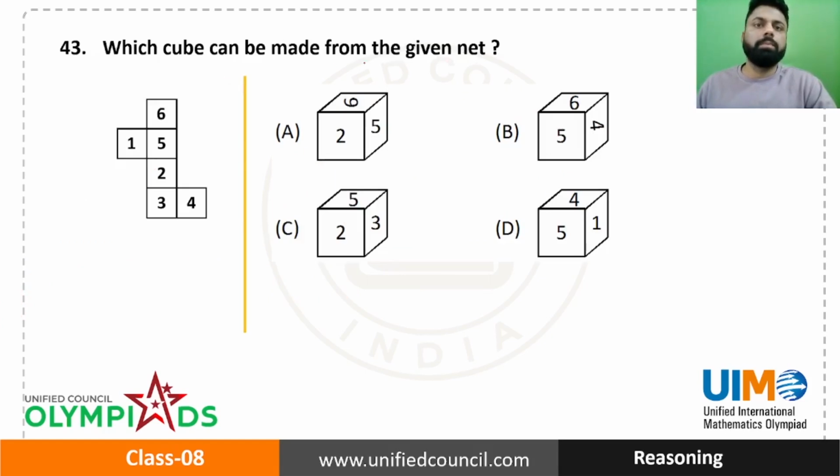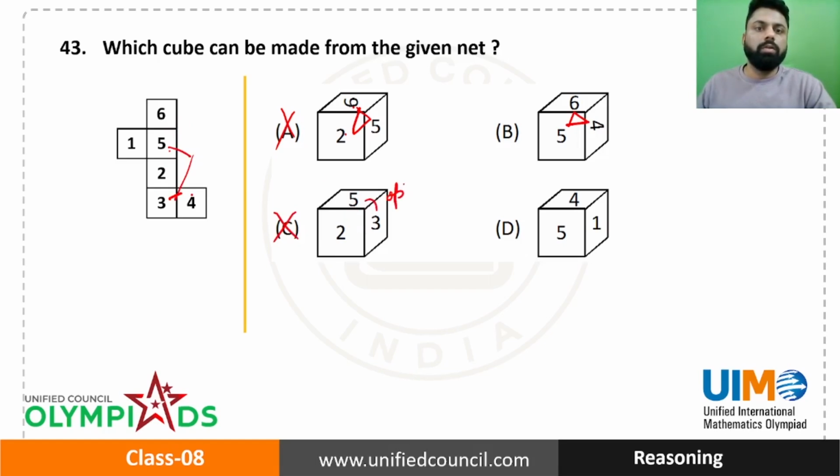Which cube is made from the given data? 2, 6 and 5. 2 and 6 are the opposite faces. Not the correct one. 6, 5 and 4. So like this. Okay. 2, 5 and 3. 2 and 3 are adjacent, and 3 and 5 are opposite pairs. Not the correct one.